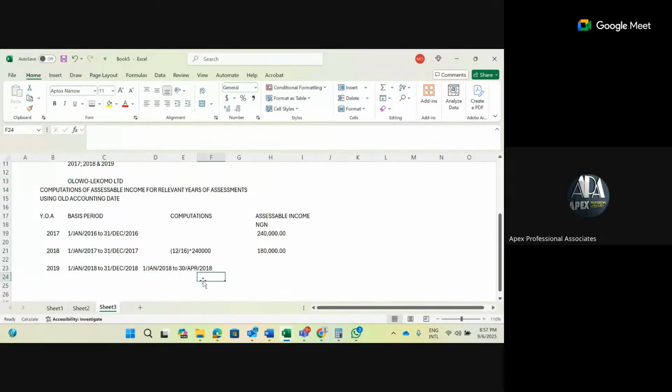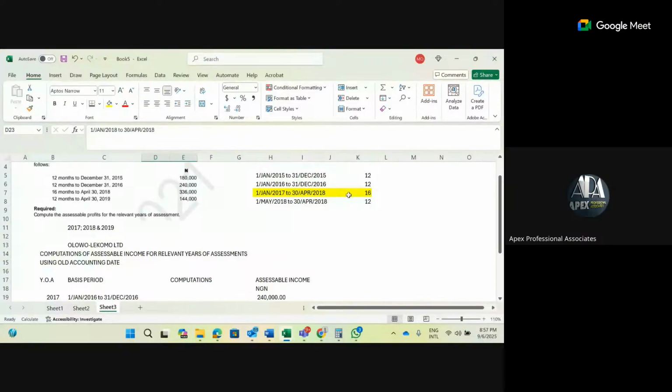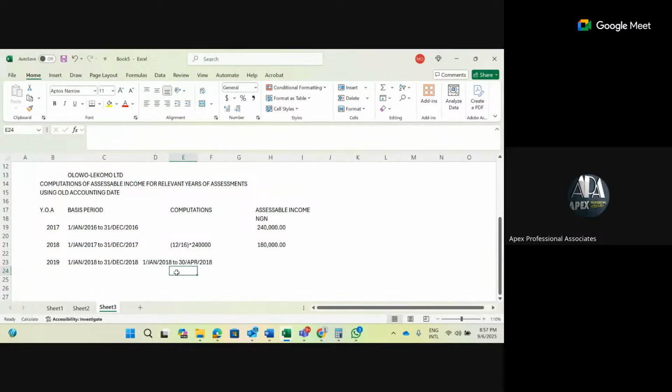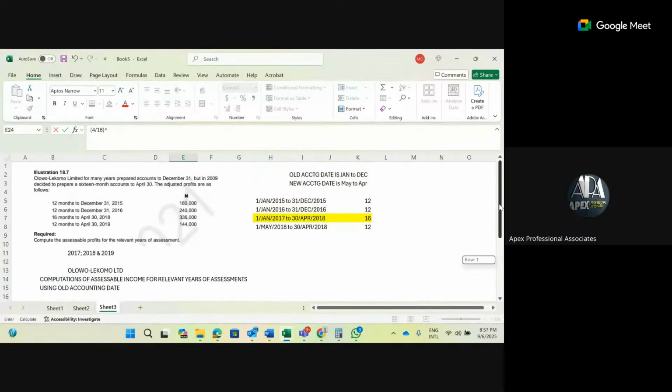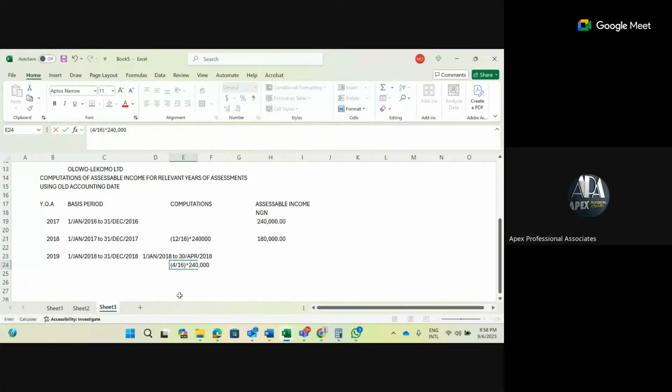How many months is this? This is 4 months. And I'm going to get the profit of these 4 months from this place that I shaded yellow. So that means I'm going to do proration of 4 divided by 16 times the accessible profit, if I'm correct, 240,000 naira.